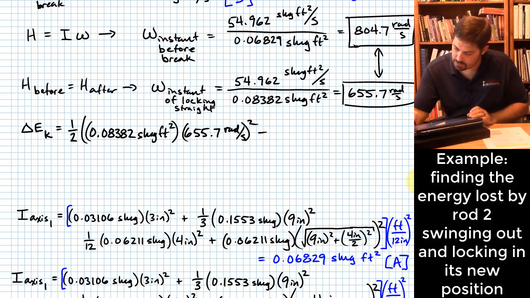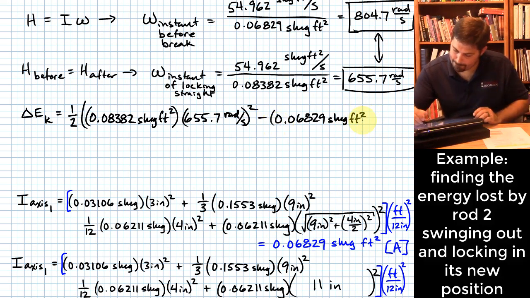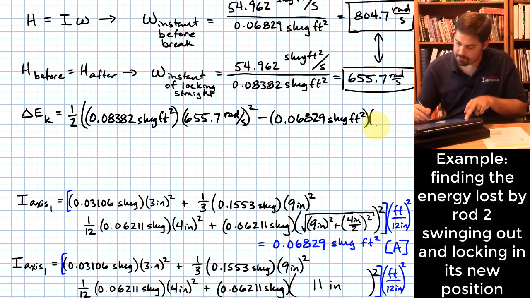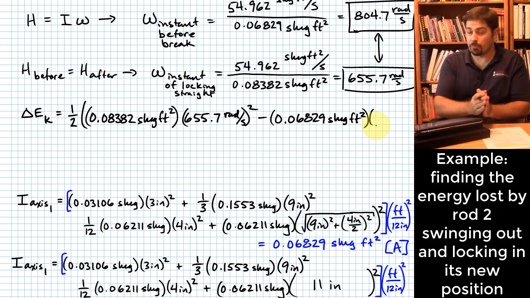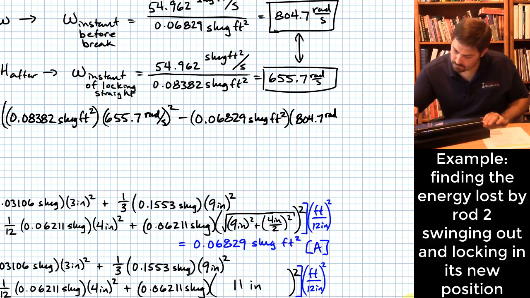The initial is going to be 0.06829 slug feet squared, and that gets multiplied by the initial angular speed. This is the angular speed right before the string breaks, which is 804.7 radians per second, that squared.